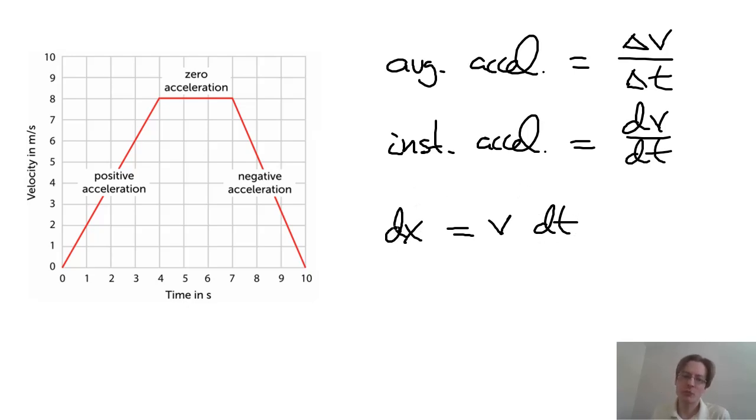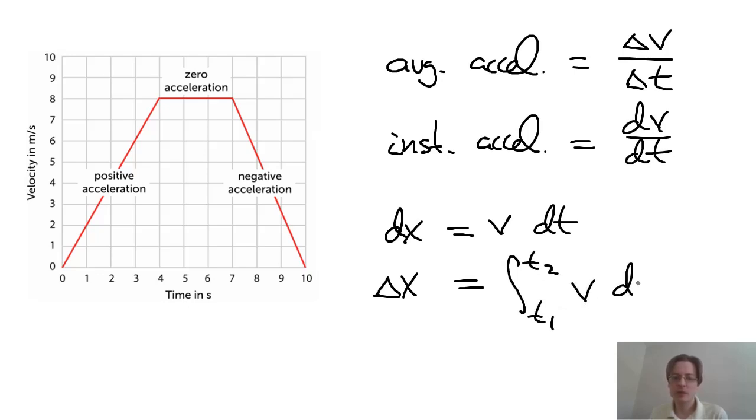These are infinitesimal distance and time. I want to know the total amount of distance over some span of time interval. So you integrate on both sides. The integral on the left side gives me delta x, x final minus x initial. The integral of the right side is the integral from time 1 to 2 of v dt.